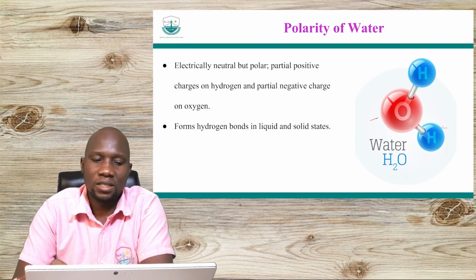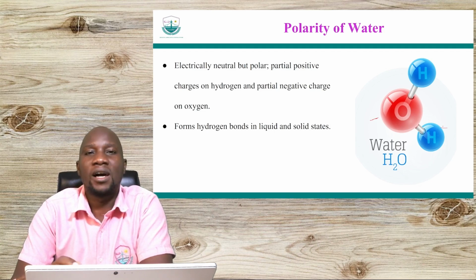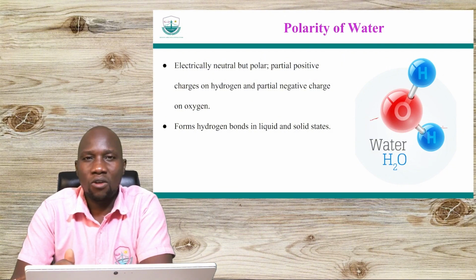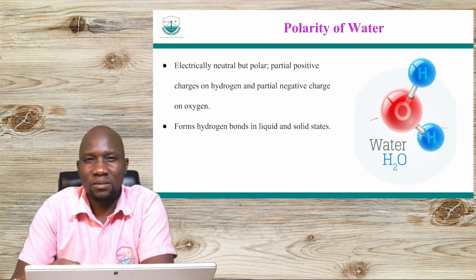Okay? So what does that mean? That means that polar compounds will be able to dissolve in water. Like dissolves in like. If you have a polar compound, it will dissolve in a polar solvent.